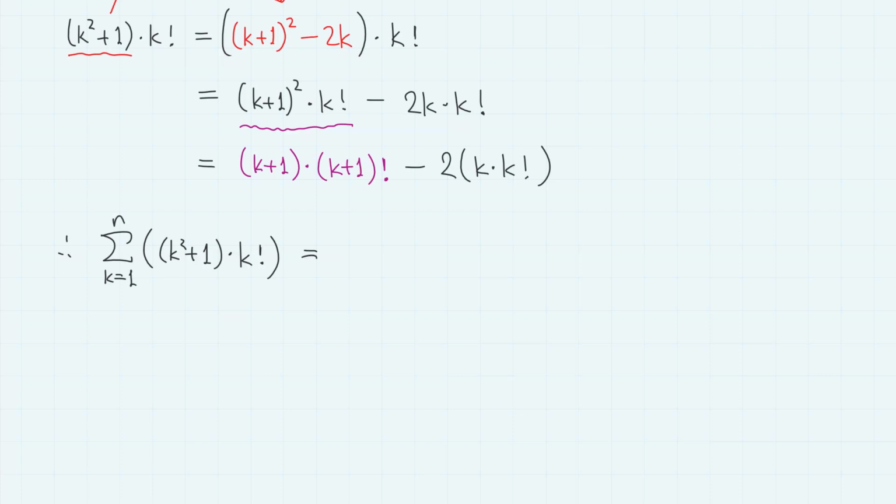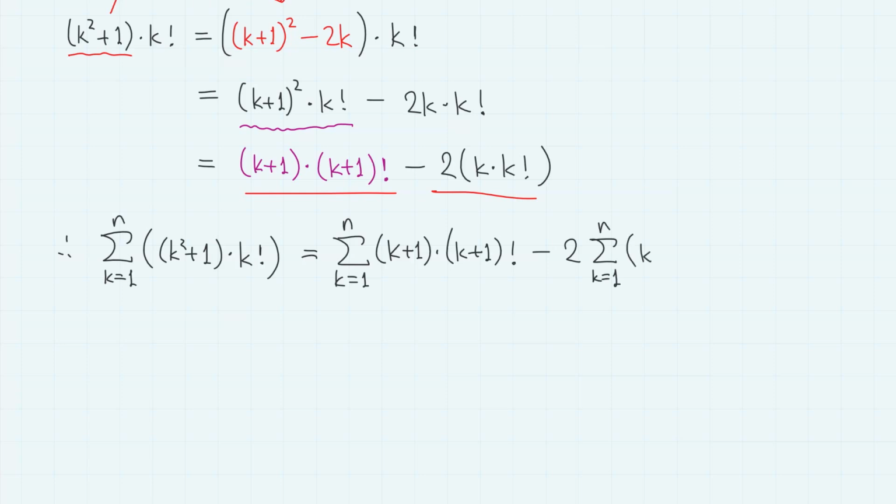Therefore, we can write our summation as, first, the summation of this. So the summation of k plus 1 times k plus 1 factorial. Then the summation of this. So minus 2 times the summation of k times k factorial.